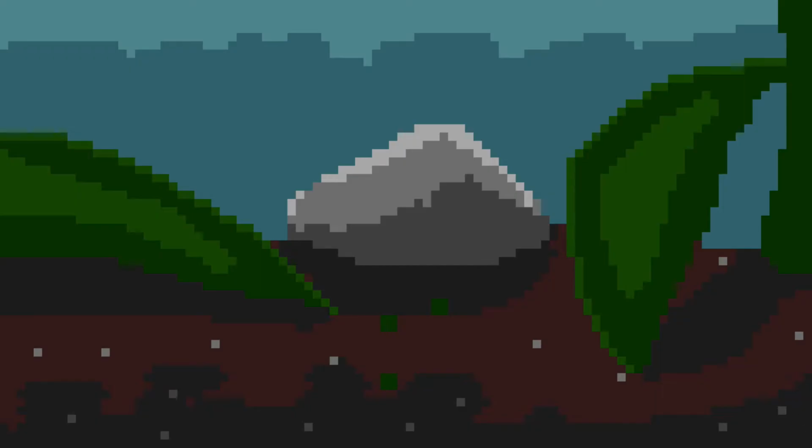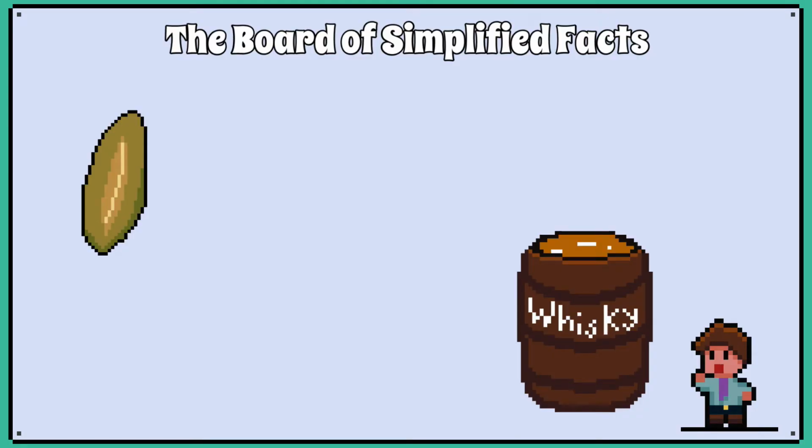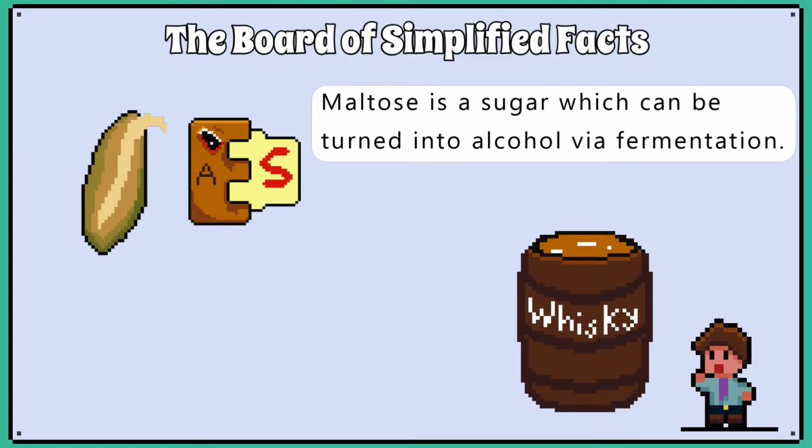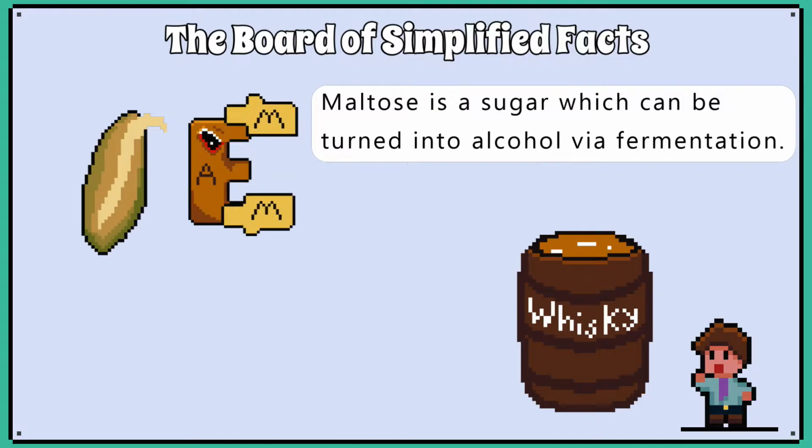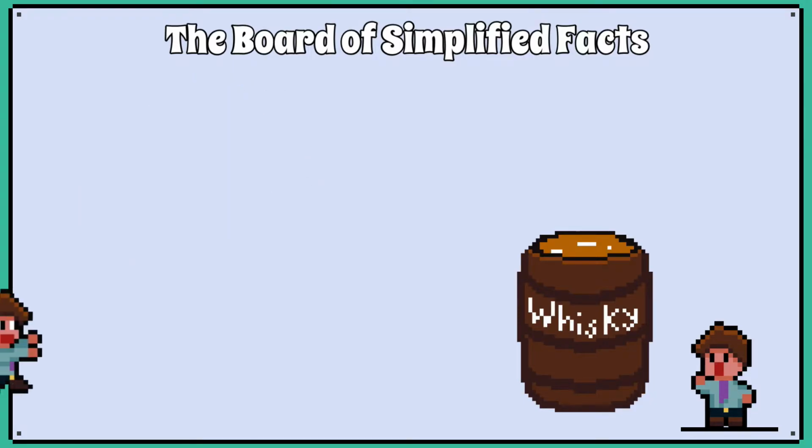Depending on the plant species, different conditions will trigger a seed to germinate. Whiskey is made by letting barley seeds be exposed to perfect conditions to trigger germination. The barley seeds are tricked into germinating and they produce amylase. This breaks down the stored starch into maltose. You might have heard the phrase, malt whiskey.